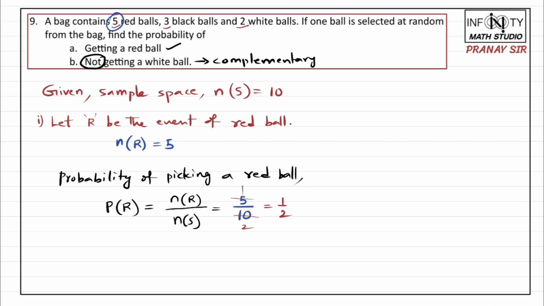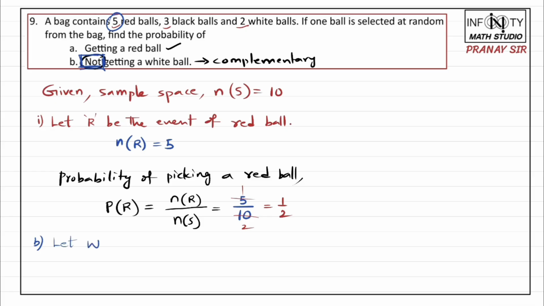Alright. So next, second question, in that second part, I mean question number B. Here he is asking us to find the probability of not getting a white ball. Okay, remember this point. But let me initialize like this.